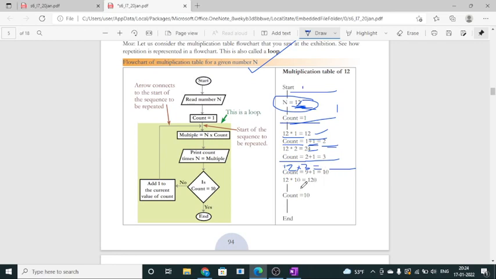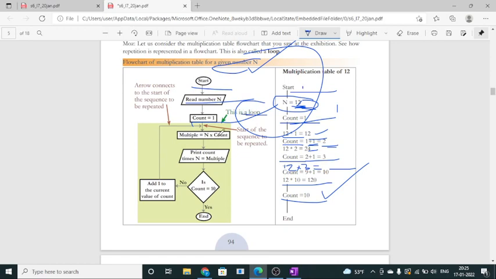Altogether we have to count up to 10. We have to use this formula up to 10. Only then will we be able to print out the table of a given number. Understand? So look into the syntax form. We'll first start. We'll read the number value n, then count 1. Whenever we are doing a process continuously, simultaneously, this is called a loop.